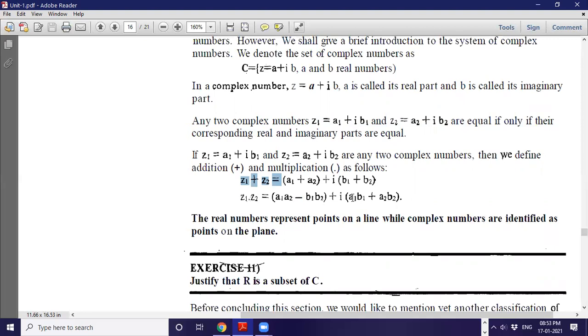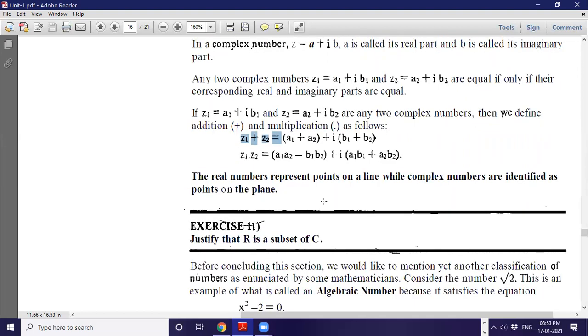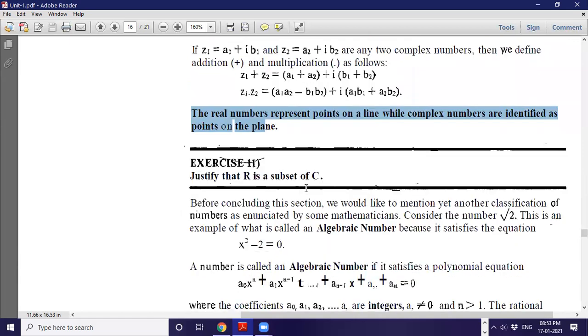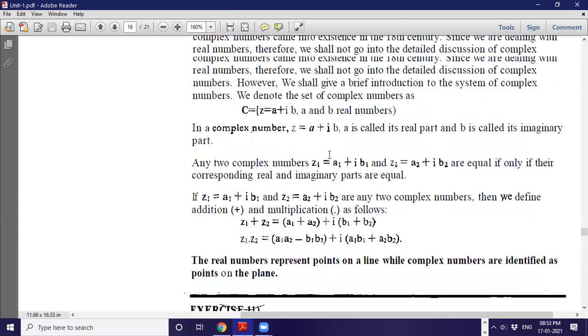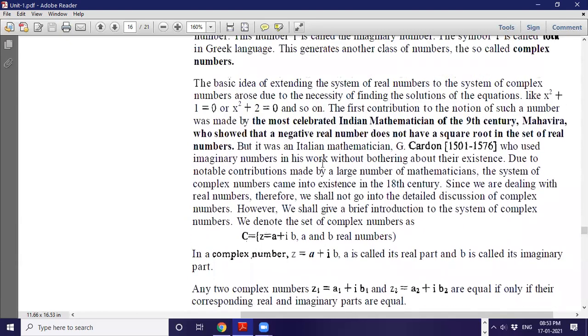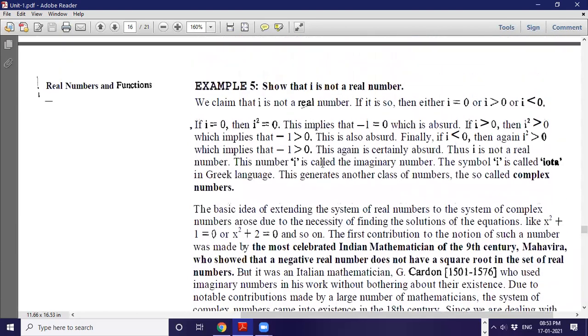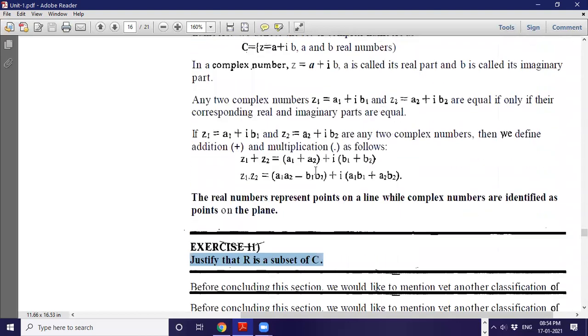So real numbers represent points on a line, while complex numbers are identified as points on the plane. So you can justify that R is a subset of C, because we have derived the set of complex numbers by extending from real numbers.